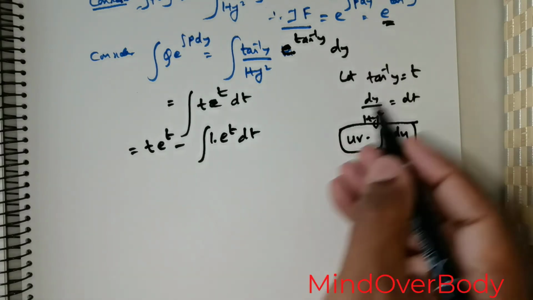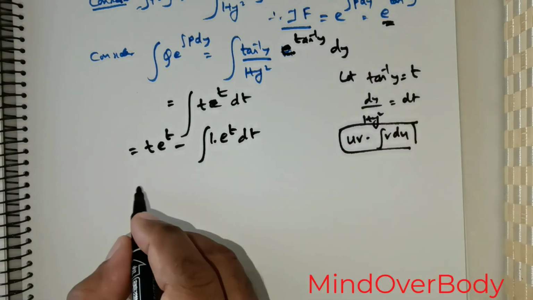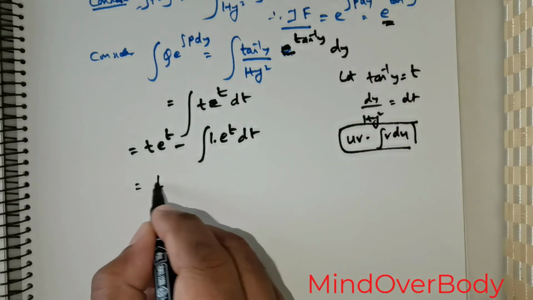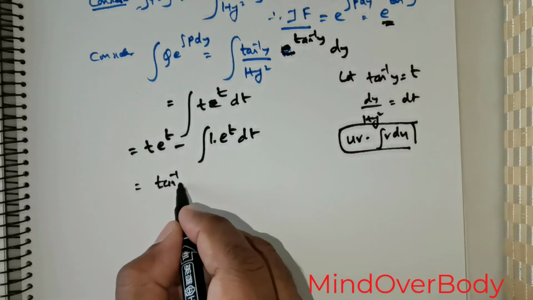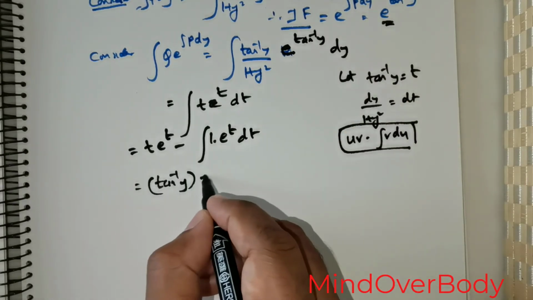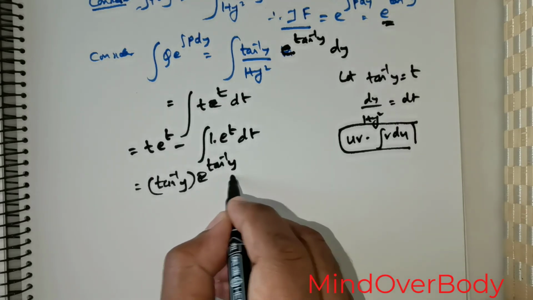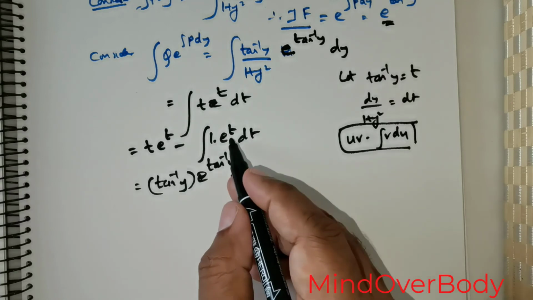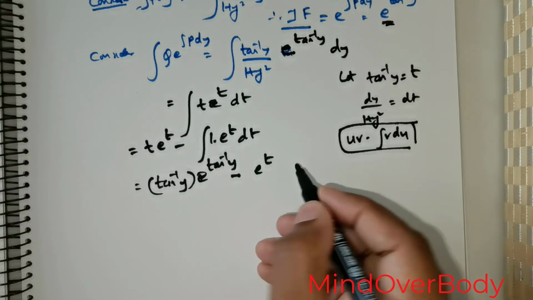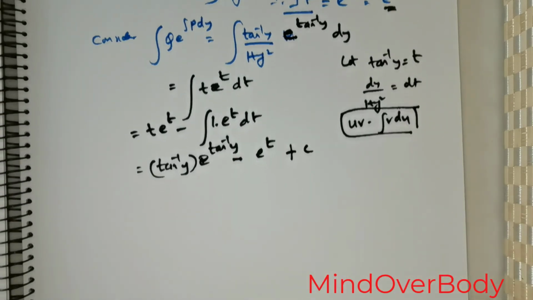So now I need to make the substitution. My t is tan inverse of y, so this is going to be tan inverse of y times e raised to the power of tan inverse of y, minus the integral of e raised to the power of t, which is e to the power t, and of course the constant c is there.